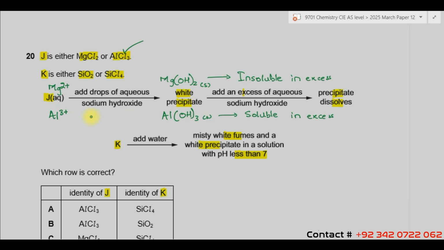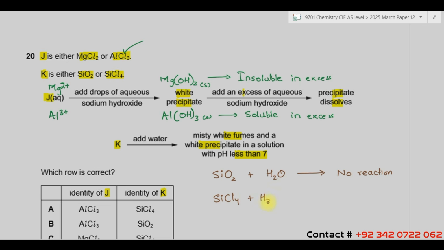Second part is K, silicon dioxide or silicon tetrachloride. So let's add water to SiO2 first. SiO2 is insoluble in water, so there is no reaction. Second part is SiCl4.